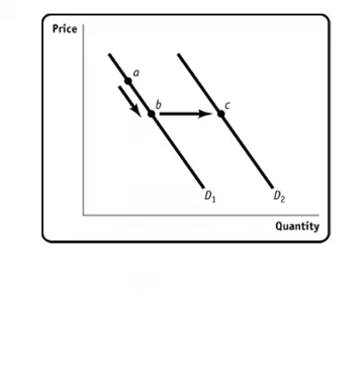All right, we're going to use this visual to try to go through all of the italics. I might not go through all of them in the exact order. I don't have the notes in front of me, so I apologize for that. We're going to use this visual to talk about shifts and moves along the curves. First of all, I just want to show you generally how this always works.